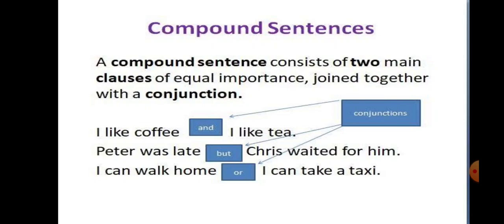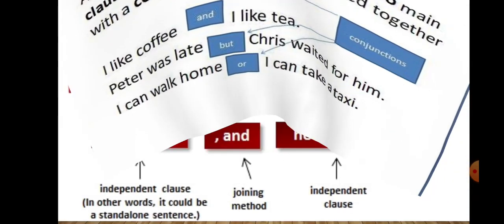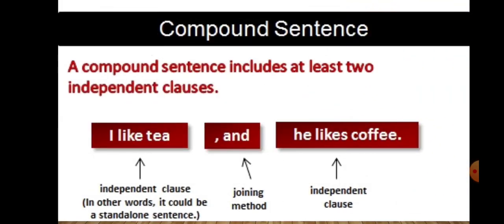So it is very clear, a compound sentence has two or more independent clauses. A compound sentence includes at least two independent clauses.